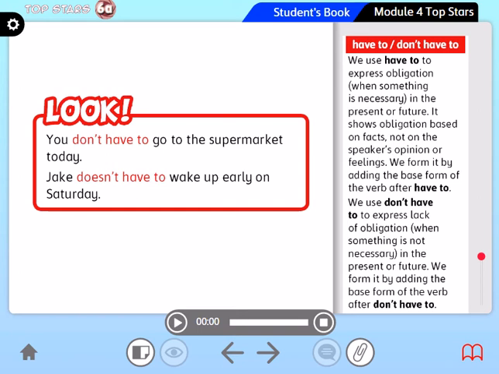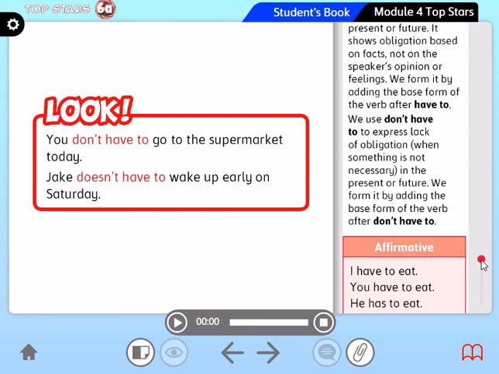We use don't have to express lack of necessity or lack of obligation, when something is not necessary in the present or future. We form it by adding the base form of the verb after don't have to.